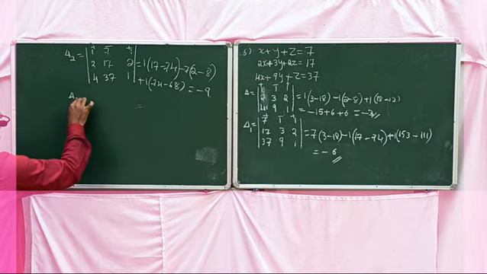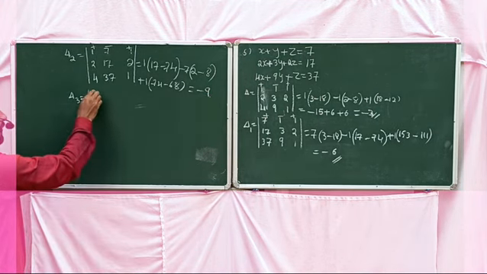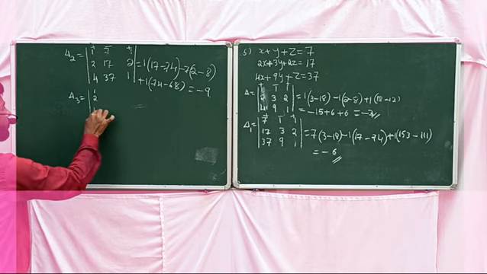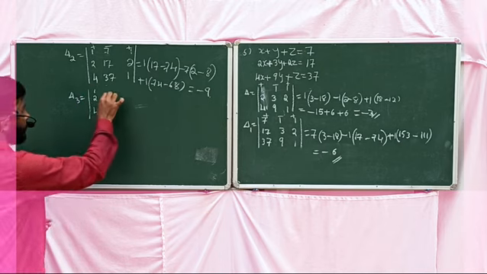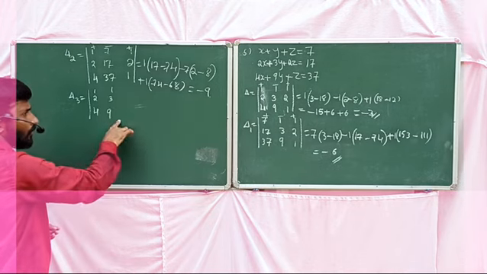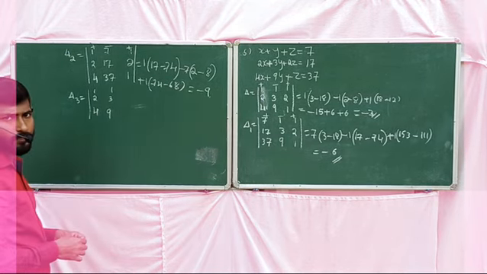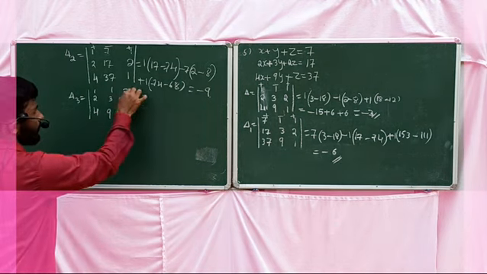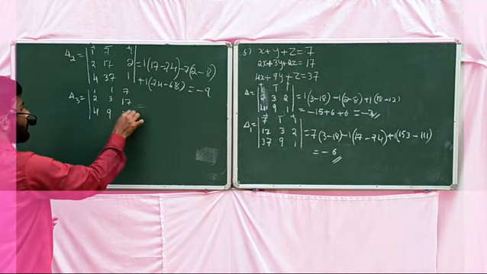Delta 3 is equal to, coefficients of x remain the same, 1, 2 and 4, coefficients of y, 1, 3, 9. In the third column, the coefficients of z are there. You need to replace them by the constant terms 7, 17 and 37.